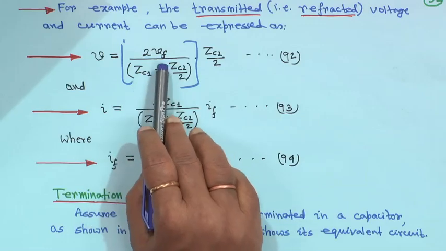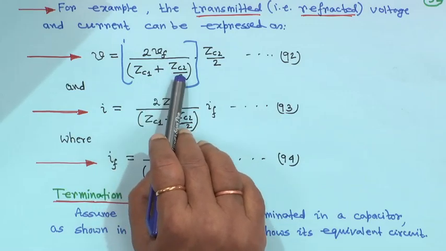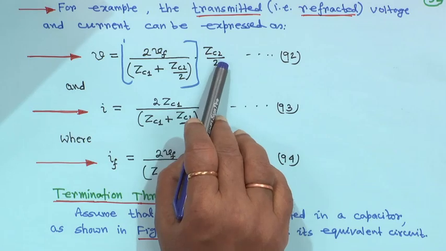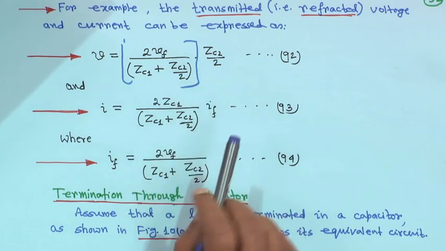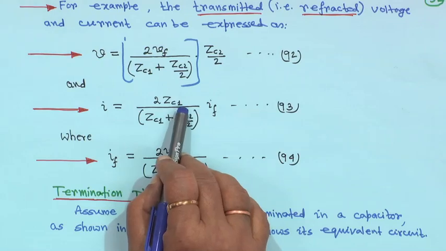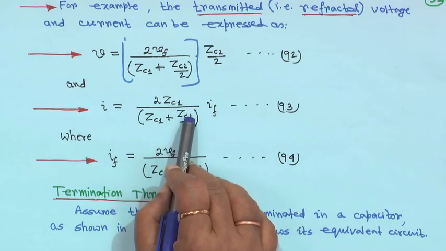Therefore, V is equal to 2 Vf times ZC2 by 2 divided by ZC1 plus ZC2 by 2, and similarly the current also will be 2 ZC1 divided by ZC1 plus ZC2 by 2 into IF.